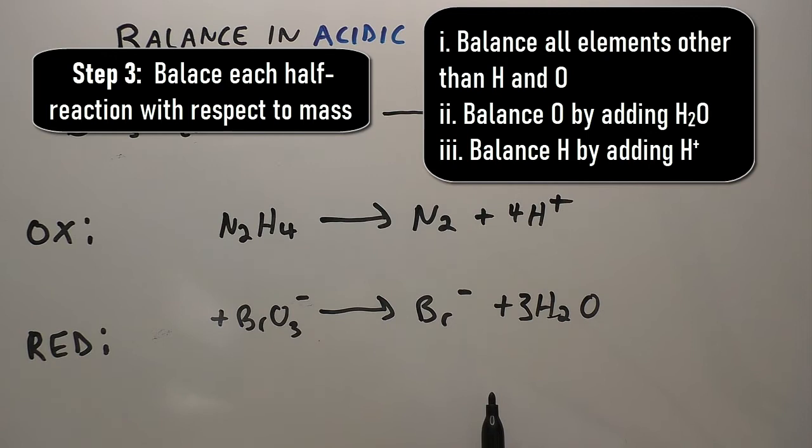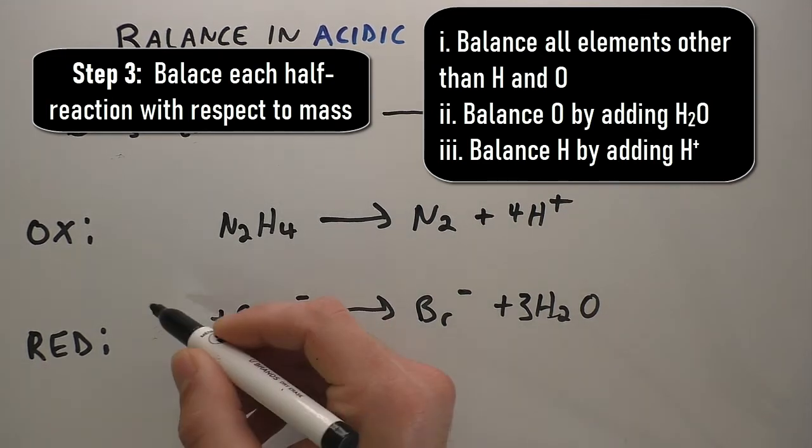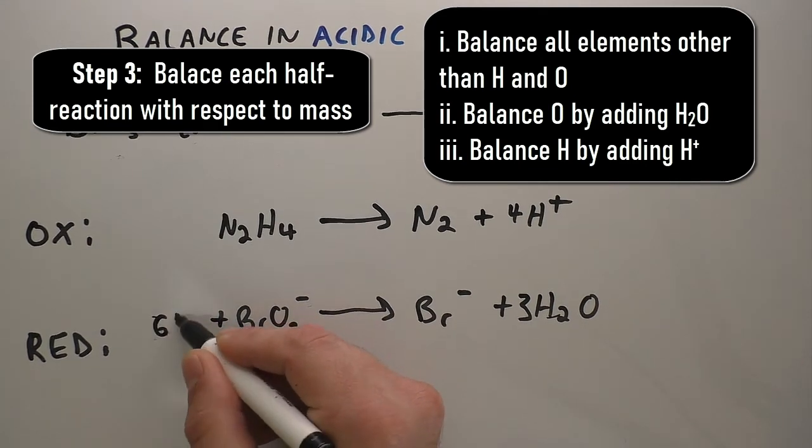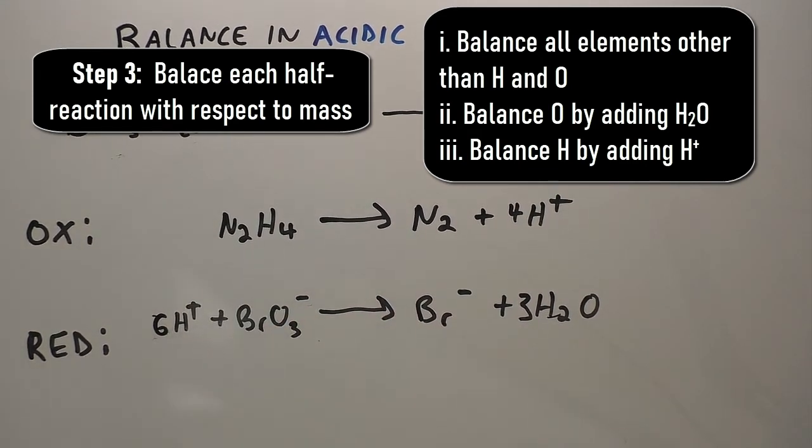How many H+ do we need to add? Well, how many hydrogens do we have on the right-hand side? We have 3, that's the coefficient, times 2, the subscript next to that hydrogen, for a total of 6 hydrogens, and so we need to add 6 H+. So step 3 is now finished.